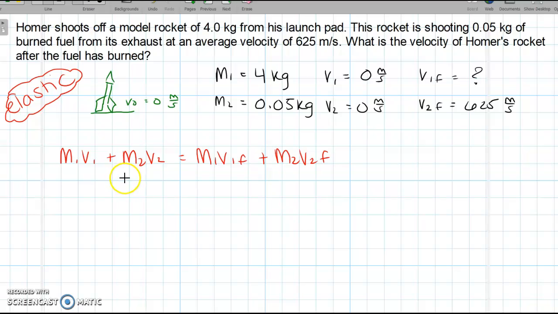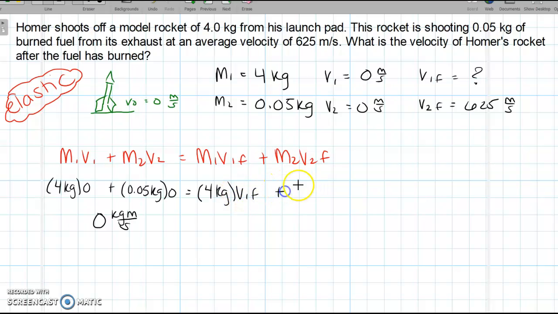So let's plug in what we know and solve for what we don't. So we have 4 kilograms times 0 plus 0.05 kilograms times 0. So our initial momentum for our system is 0 kilogram meters per second is equal to, we have 4 kilograms as our rocket, and we do not know the final velocity, plus the momentum of the fuel.